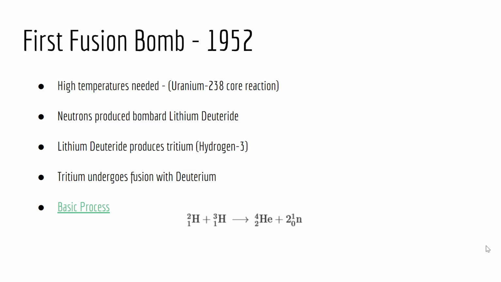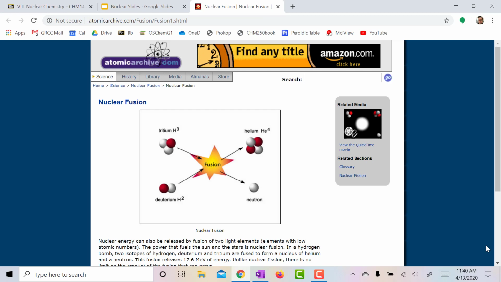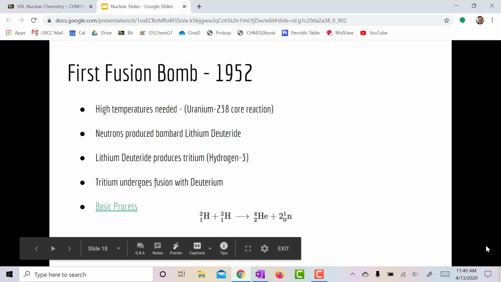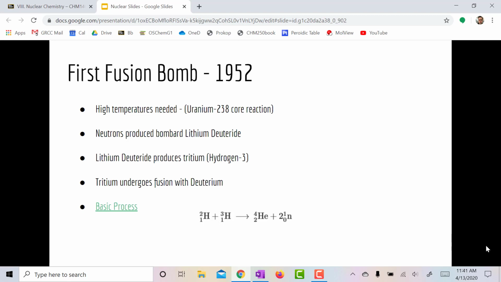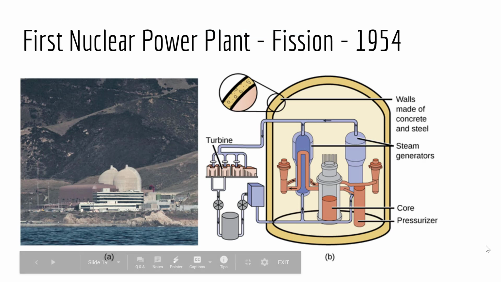I give you an example here of the basic process, and there are links I put out here if you want to learn more about it. Basically, two smaller nuclei come together and make a bigger nucleus, and that's the concept of fusion. But it only happens at really high temperatures, and the only way to get to high temperatures is to set off a fission bomb.